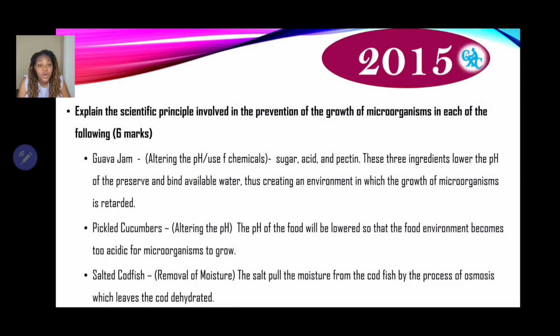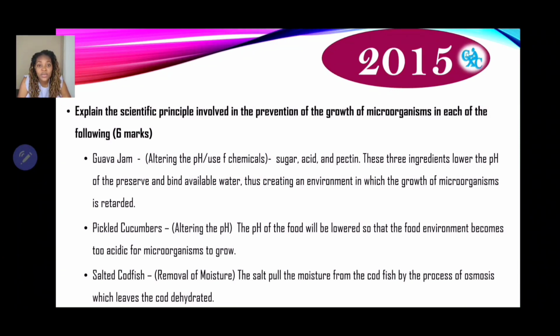Now, along with sugar, there's also acid as well. So we may say altering the pH because we use some form of acid. Based on the fruits that are used, for jam making, they should be high in acid. Even if they're not high in acid, the recipe will tell you to add some lemon juice or lime juice just to kickstart the gelling process of these jams or jellies.